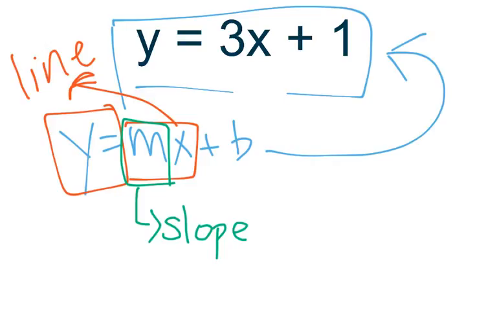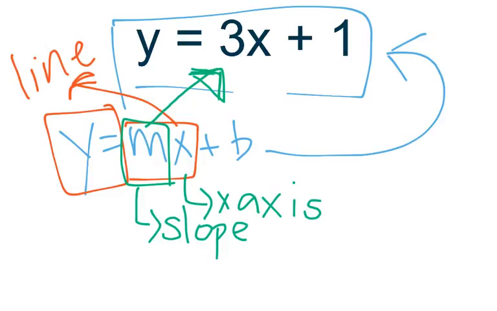So this m will always be matched with the number that is in front of the x. And the x just tells me that this line will be gliding across the x-axis. So anything that this slope does will go across the x-axis, whether it's positive or whether it's negative.